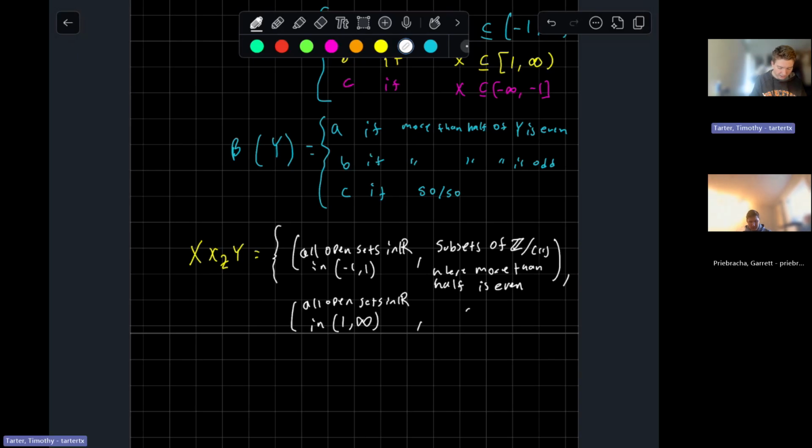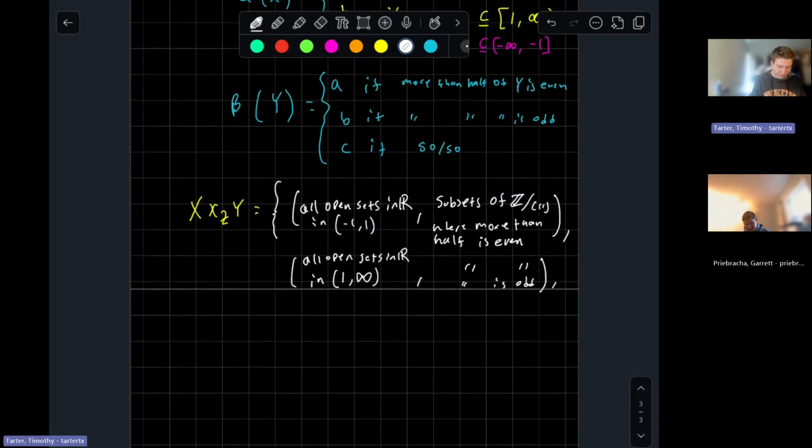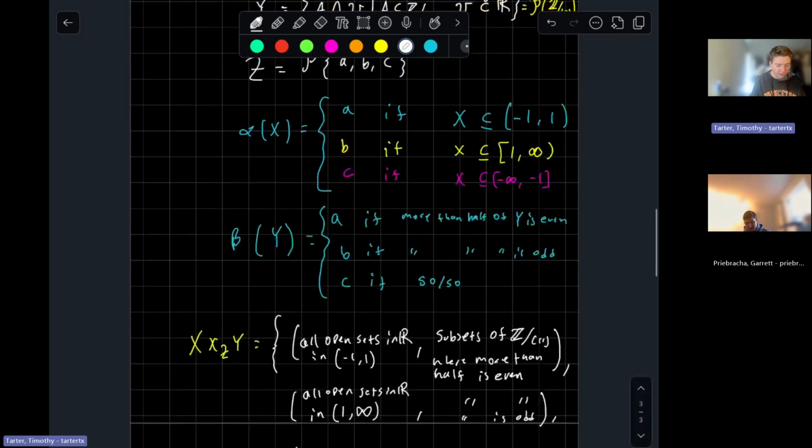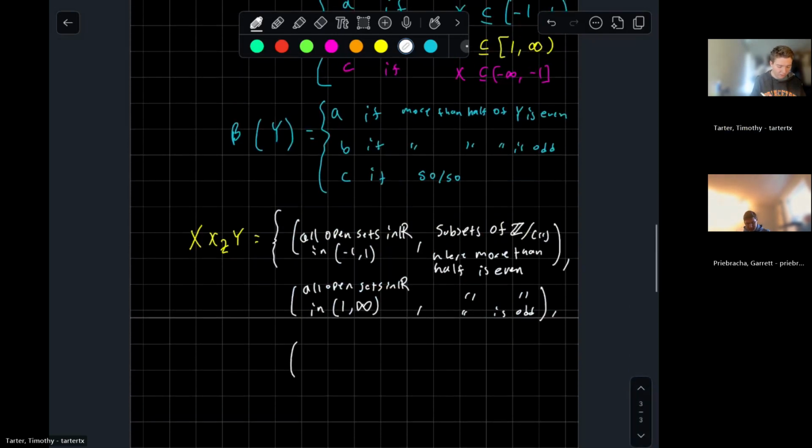And then comma, subsets of Z where more than half is odd. And then the part where we get C is all open sets in R in negative infinity to negative 1 exclusive. And then here it's going to be subsets of Z mod 11 where everything is 50-50.